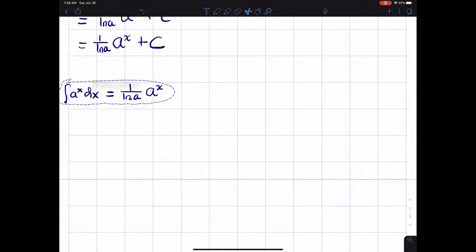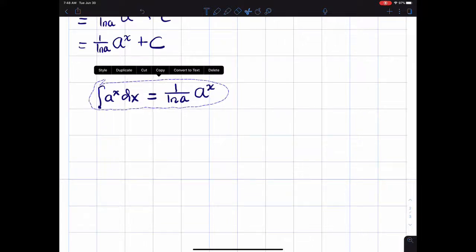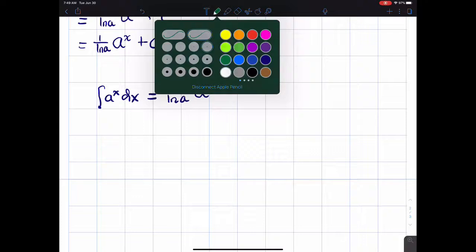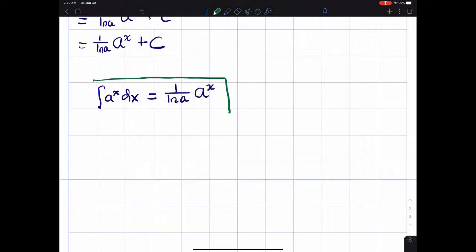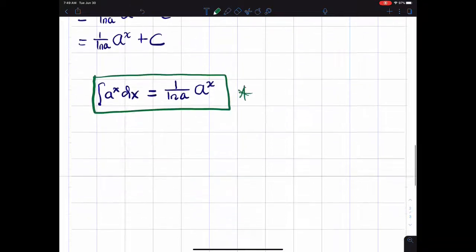I'm gonna paste it here. I'm gonna put it in a green box. And I'm gonna call it asterisk. Okay. So let's try another problem.